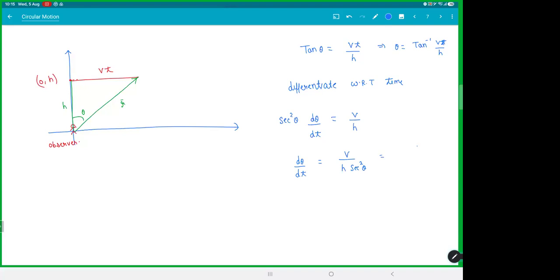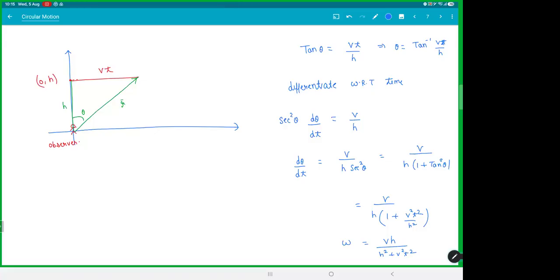And sec square theta is nothing but 1 plus tan square theta, and tan theta is nothing but vt by h. So that is v by h into 1 plus v square t square by h square. That would be v into h by h square plus v square t square. This is your omega, everyone. Make sense?